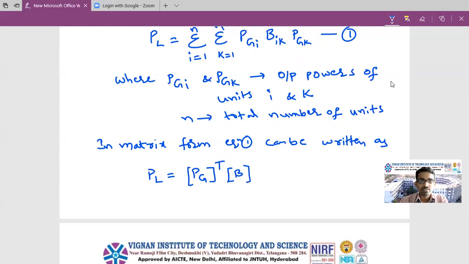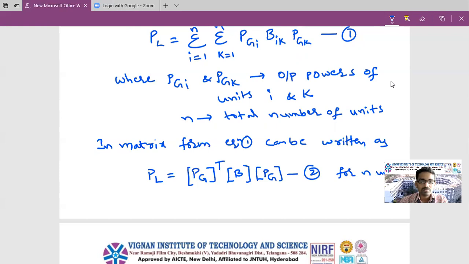B is the coefficient of transmission line losses. Let us consider this as equation 2, for n units.